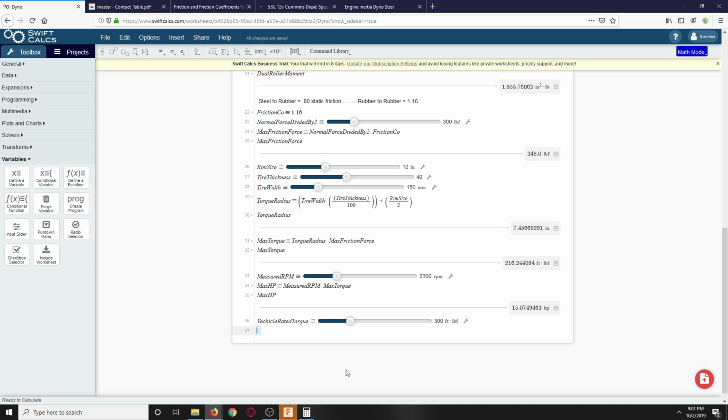But this equation right here is what we're going to use on the dyno. Torque is equal to I alpha plus omega. Sorry, I don't know what the W is in Greek letter. So what we're going to do is put 2 sliders. This is disk OD, and then this is thickness.